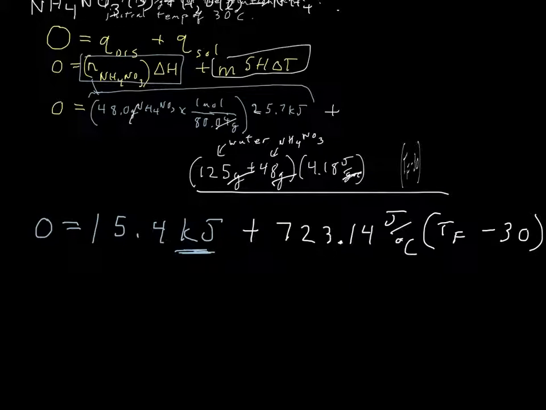Next thing we're going to do is distribute. But before we distribute, I want to deal with our unit problem. We've got kilojoules here. We have joules per degree Celsius here. So I'm going to do a quick unit conversion and convert my joules to kilojoules. So 723.14 joules per degree Celsius times 1 kilojoule per 1,000 joules.